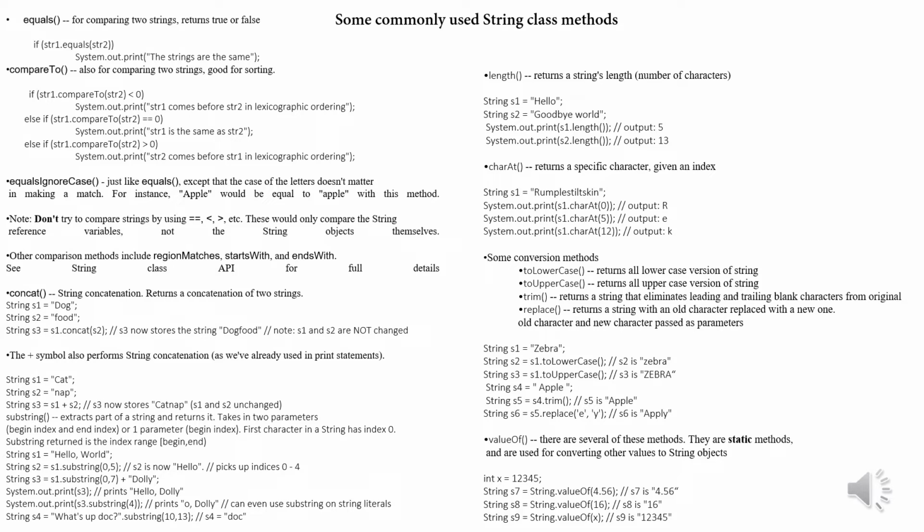Another method in the String class is equalsIgnoreCase. This method is exactly the same as the method equals, but here it's not case sensitive. It means if we have two apples, the first one with an uppercase letter and the second one with a lowercase letter, equalsIgnoreCase will return true, because it is not case sensitive.